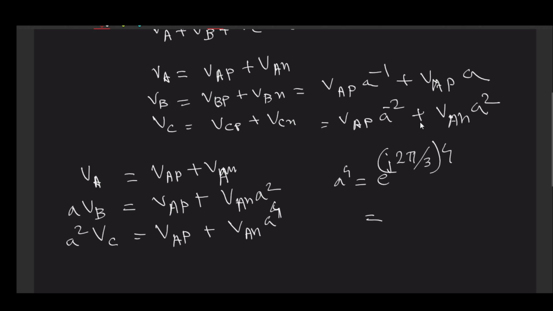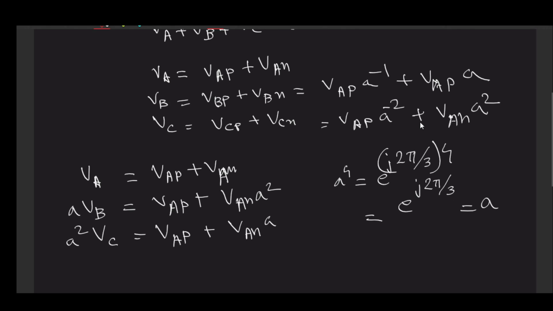Now if you see it, e to the power j 2 pi by 3 times 4 means you can write it as e to the power j 2 pi by 3, that is A. So this will become again A.